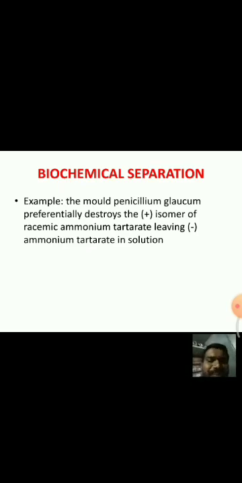For example, Penicillium glaucum destroys the plus isomer of the racemic mixture, that is ammonium tartarate, leaving the minus isomer, that is minus ammonium tartarate, in the solution. That means it destroys the dextro isomer and leaves the levo isomer. Hence, the separation is possible.